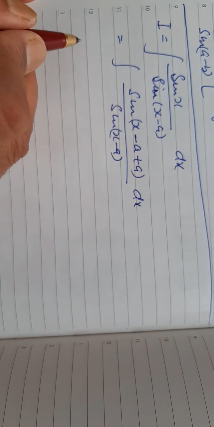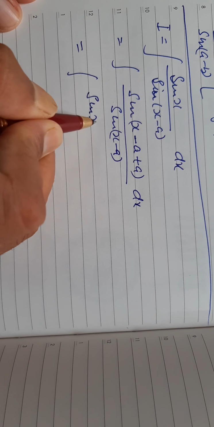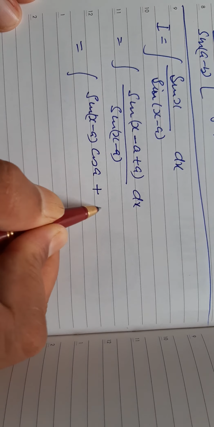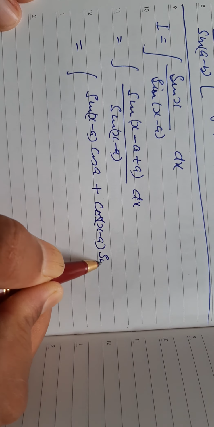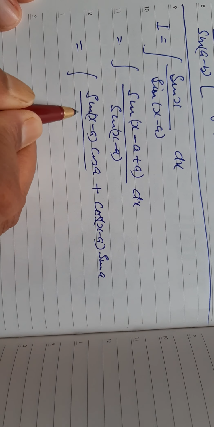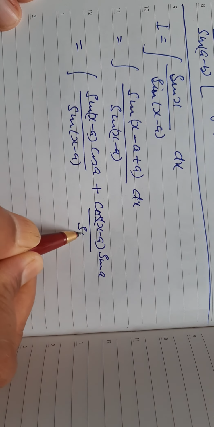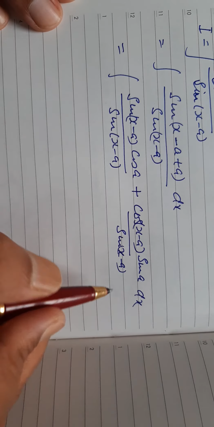You can also solve this like this. Sin a minus b is sin a cos b plus cos a sin b, and separate them. Sin x minus a into sin x minus a dx.